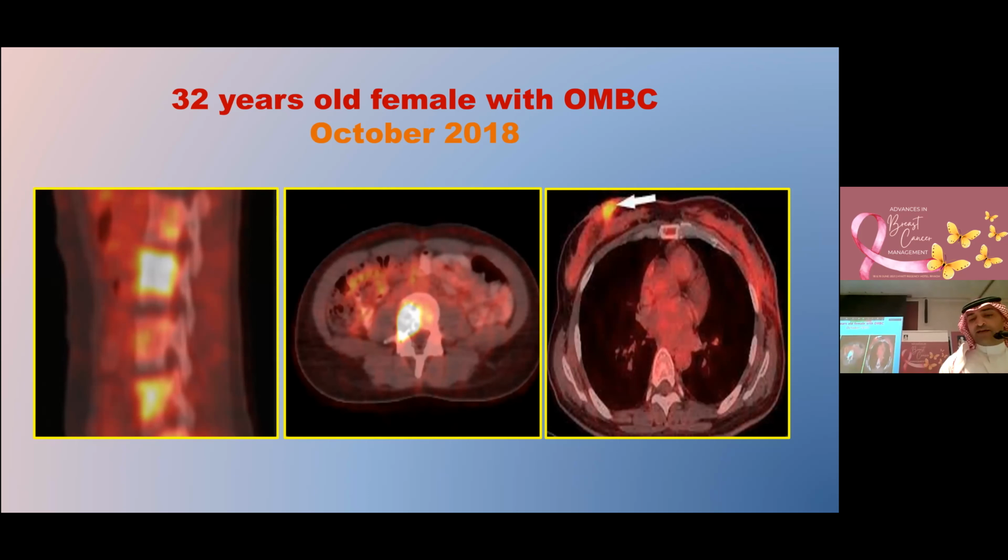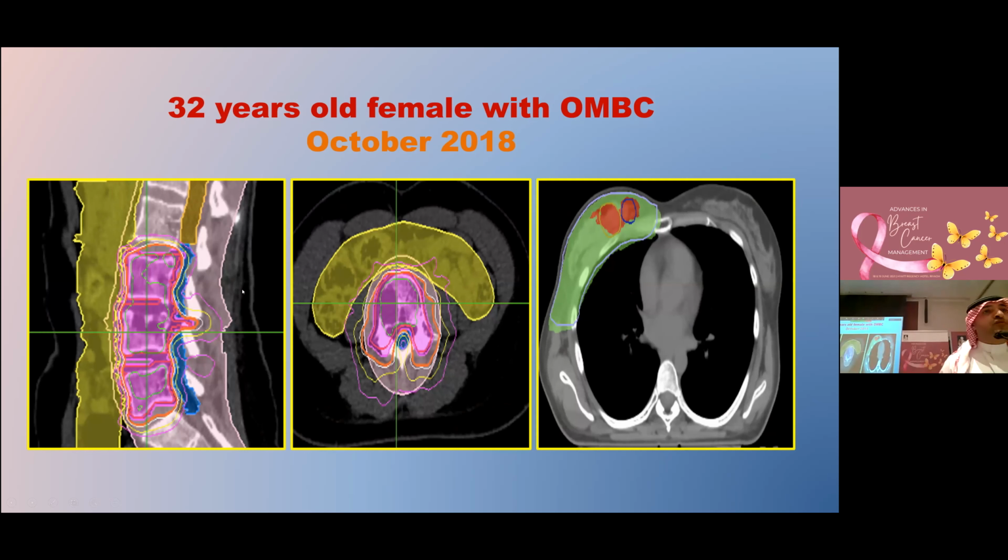And you can see here that the lesion is compressing the cauda equina, with a fungating mass on the breast. So what we did was treat the metastatic L2, L3, L4 with stereotactic ablative body radiotherapy with a huge dose.